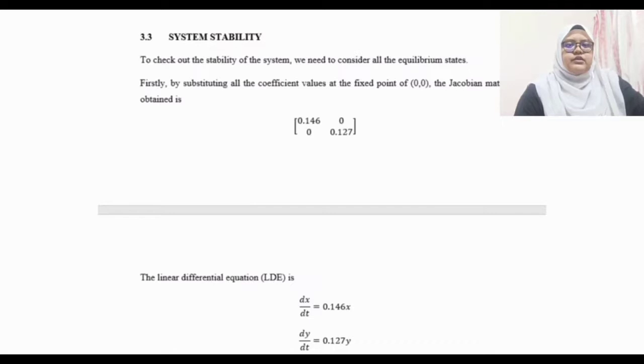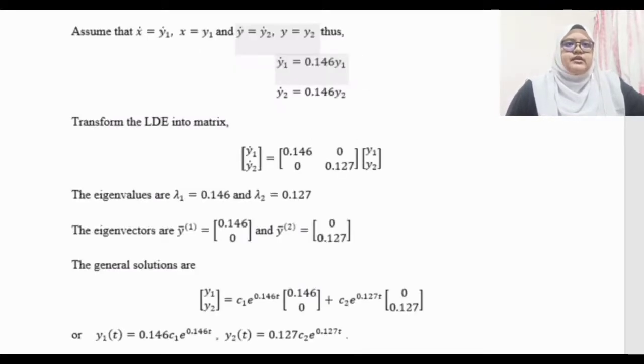Firstly, by substituting all the coefficient values at the fixed point of (0, 0), the Jacobian matrix that we obtain is 0.146, 0, 0, 0.127. After some assumption and changes, we get the linear differential equations in terms of y1 and y2 and transform them into the matrix form.